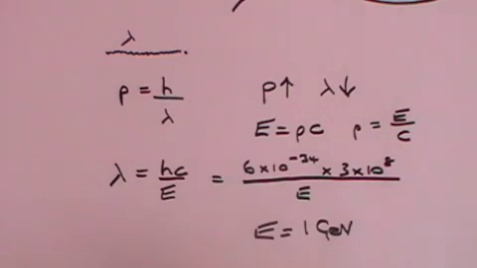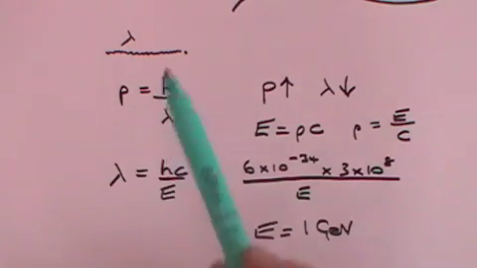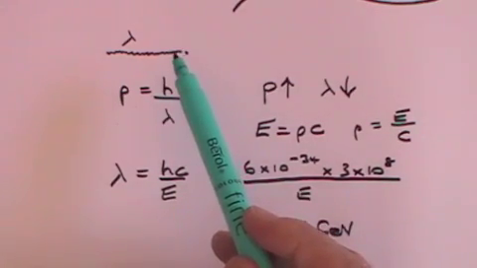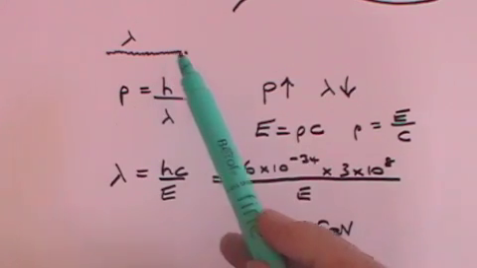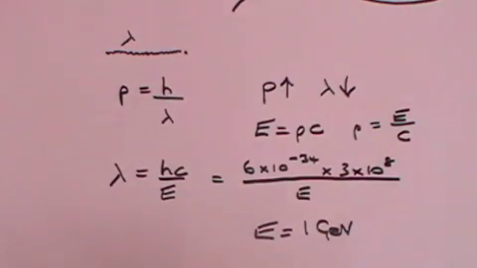If you've got electrons with 1 GeV of energy, they'll have a wavelength of 10 to the minus 15 meters, and that will enable them to hit and explore nuclei. And that's one of the reasons why we have high energy physics. You need these high energies in order to get the small wavelengths, in order to explore smaller and smaller bits of the nucleus.